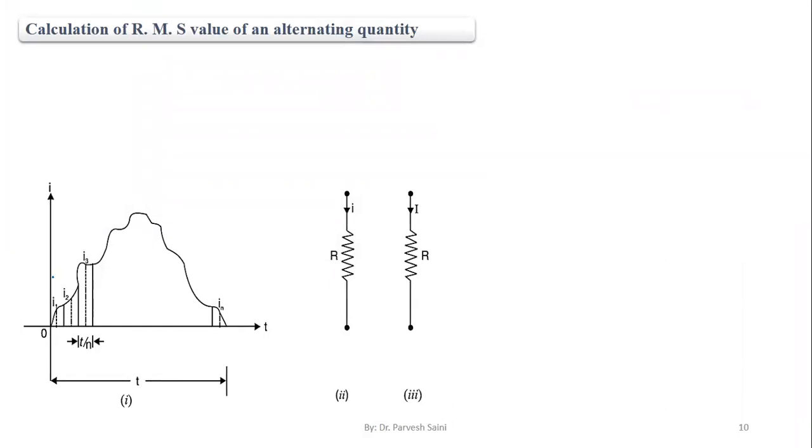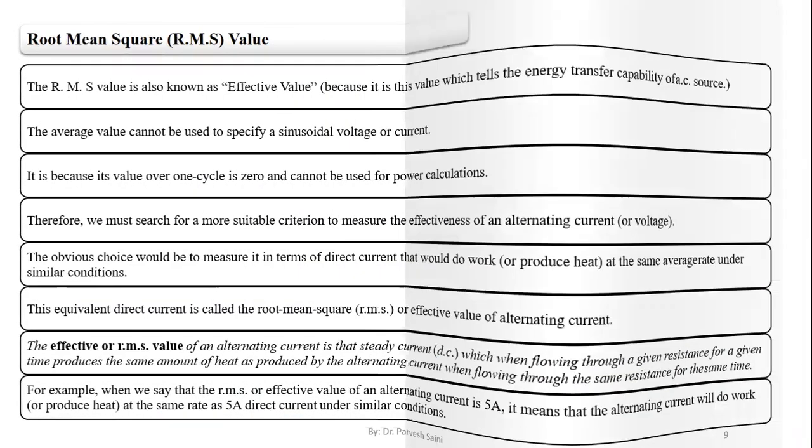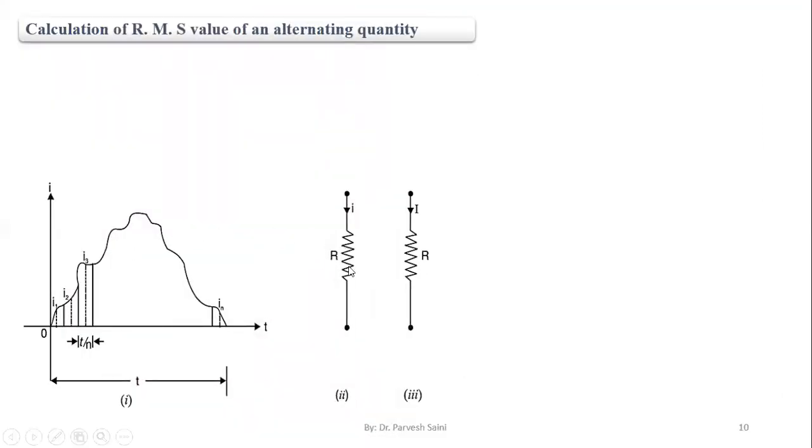Let us understand the statement with an example. Suppose you have a resistance R. Small i is indicated for the AC, and capital I is indicated for the DC current, right?